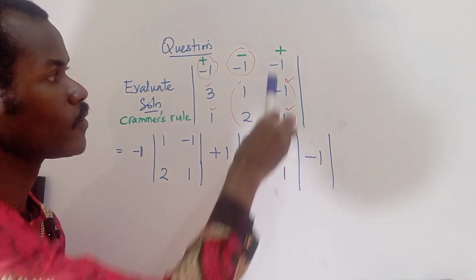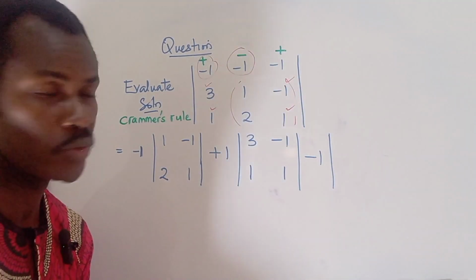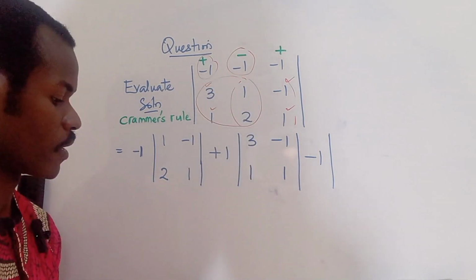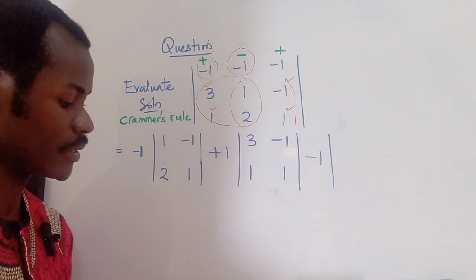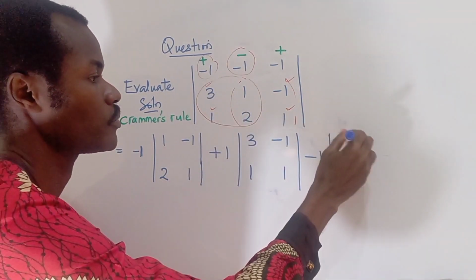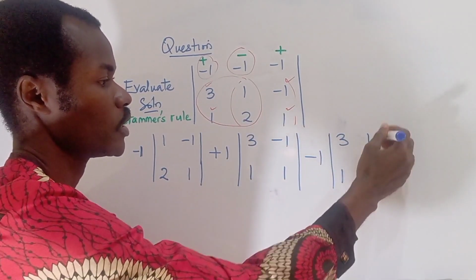If we cover this vertically and this horizontally, we are going to see all this. When we cover this way and this way, we are left with this. So I'm simply going to put that here. So we have 3, 1 and 1, 2.